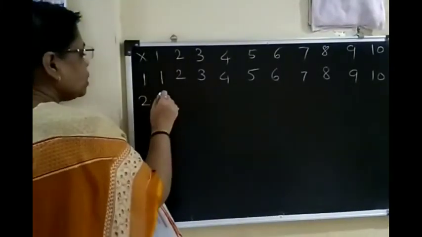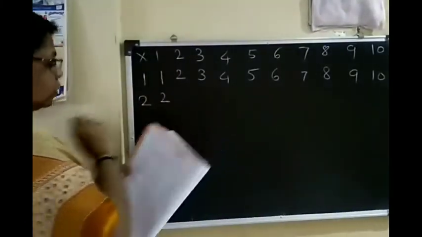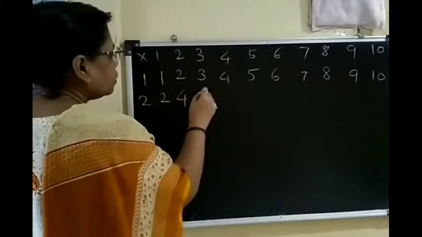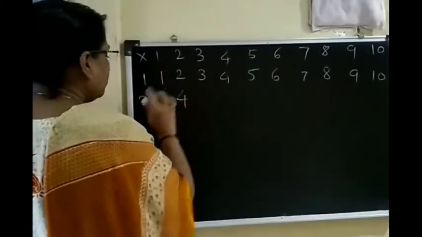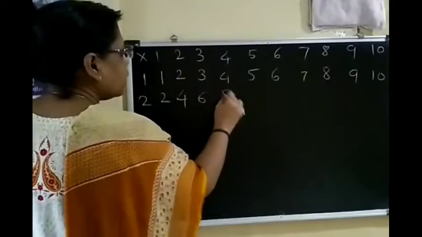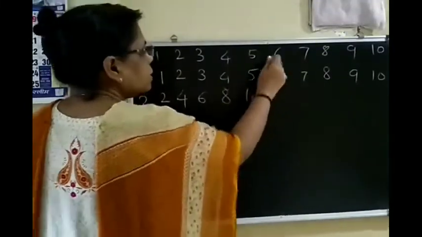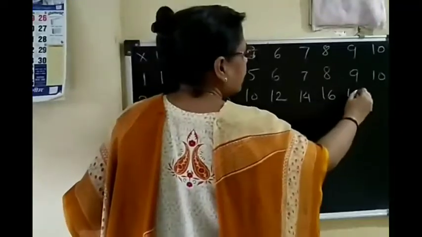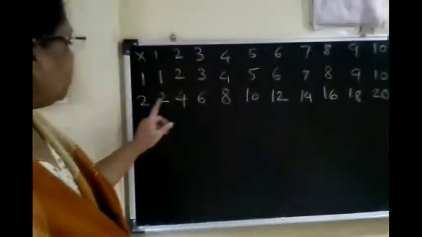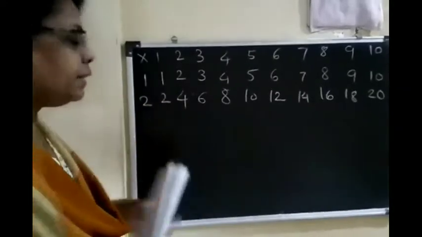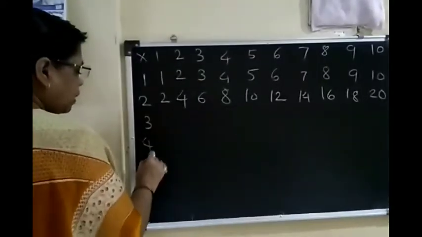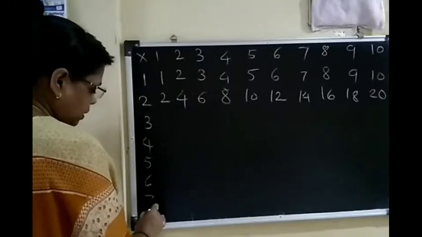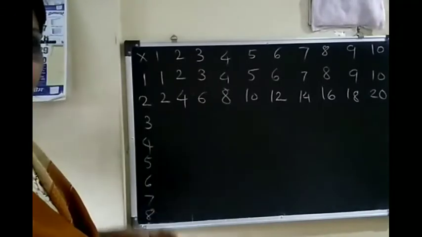So 1 2s are 2, 2 2s are 4, 3 2s are 6, 4 2s are 8, 5 2s are 10, 6 2s are 12, 14, 16, 18, 20.